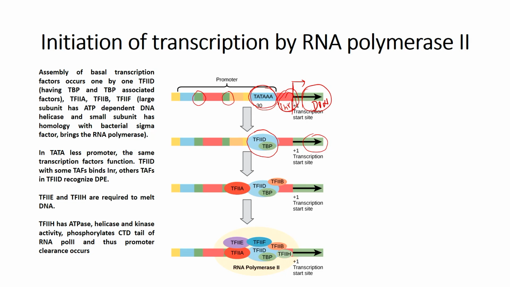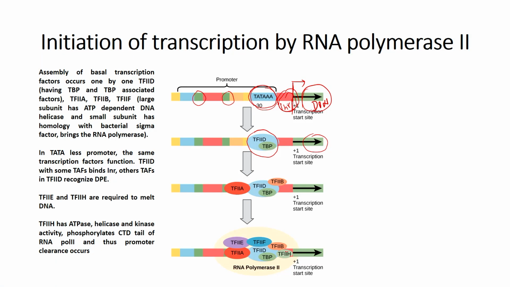Here the last, TFIIE and TFIIH, they are required to melt DNA. TFIIE is there, this is TFIIE, and TFIIH has come. They are required to melt DNA. When you say melt DNA, that means the double-stranded DNA will open up and become single stranded. This TFIIH has ATPase activity, helicase activity, and kinase activity also.